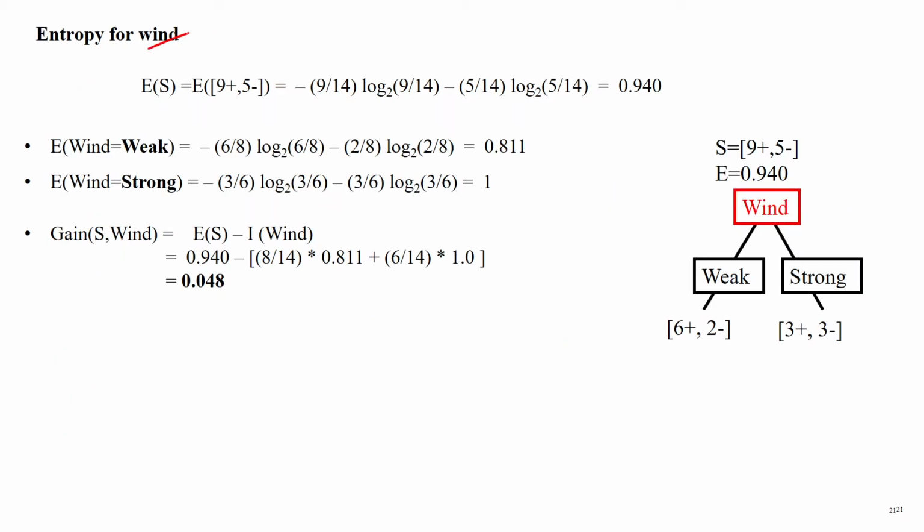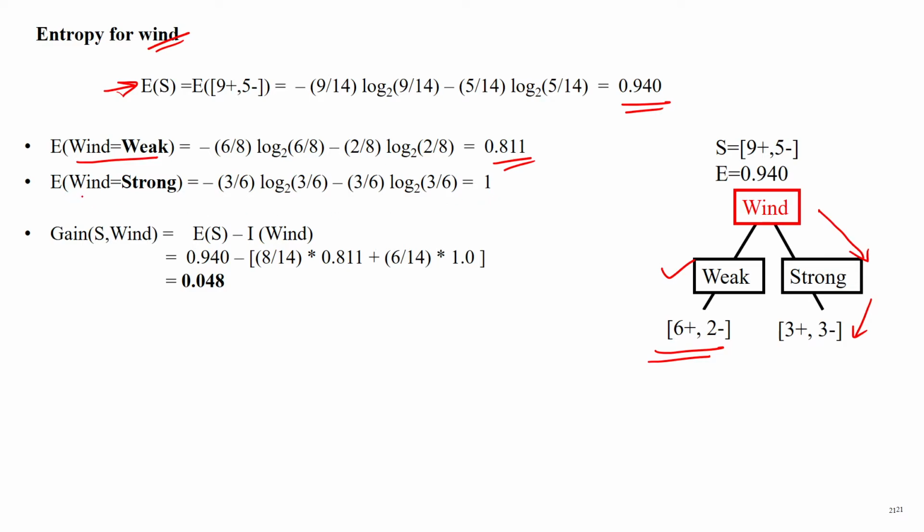Likewise, the third attribute is wind. For that, the total number of samples has entropy 0.94. Wind has two values. One is weak, which has 6 positive samples and 2 negative samples. The other is strong, which has 3 positive samples and 3 negative samples. When wind is weak, the entropy is 0.811.